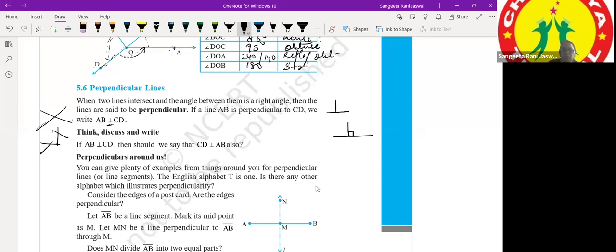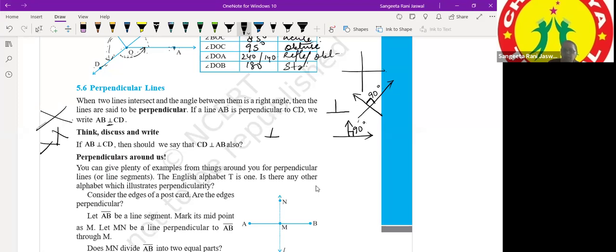But when they make a 90-degree angle between themselves, like one line is straight vertical, another line is like this, or one line is like this, another line is like this, but they are making a 90-degree angle among themselves, then we say that the lines are perpendicular. Whenever the angle between the two intersecting lines is 90 degrees, we call the lines perpendicular. And this is the symbol we use for perpendicular.